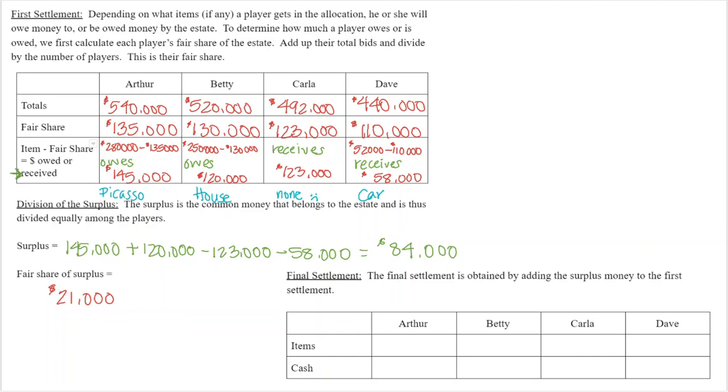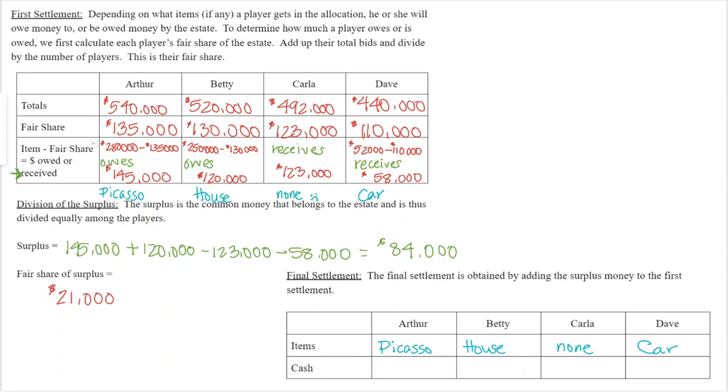So our final settlement, we want to look at what items each sibling got, which Arthur got the Picasso, Betty got the house, Carla got none of the items, and Dave got the car.